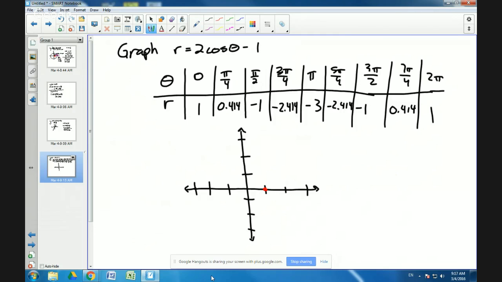That's 1 for radius, 0 for theta, correct? Okay. Pi over 4 is 0.414. It's somewhere in here. Not exactly perfect, but it'll work. All right, pi over 2, negative 1.